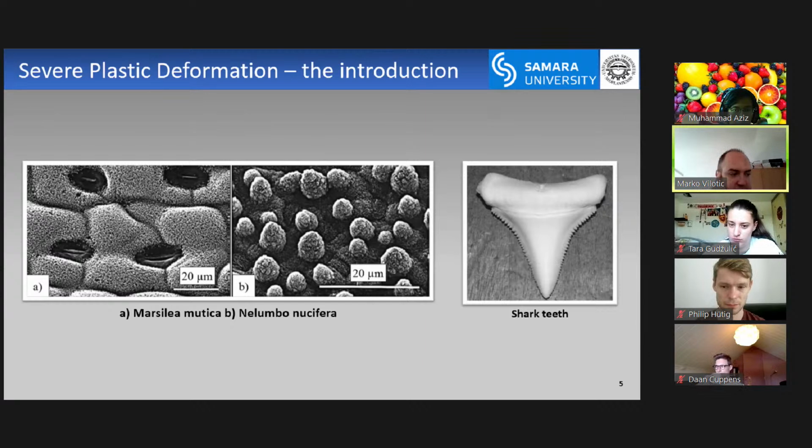They noticed sharks have very strong teeth, and they realized that the microstructure of the teeth is somehow intentionally built in a certain way. They noticed that the core is very elastic.